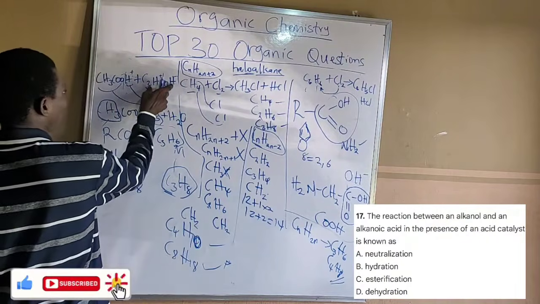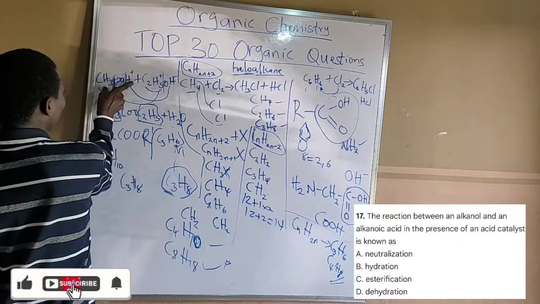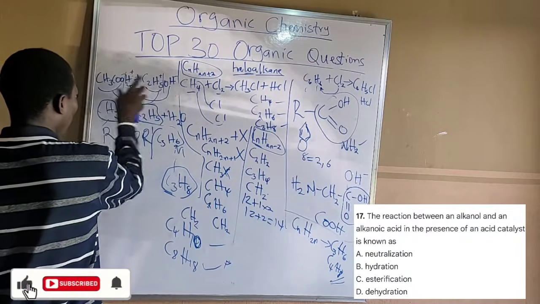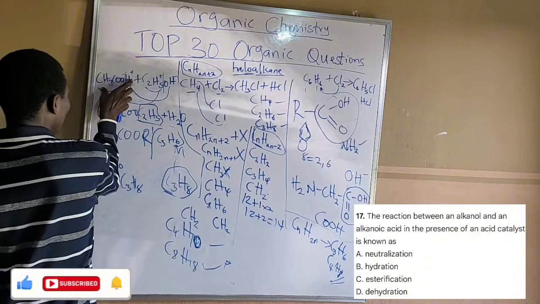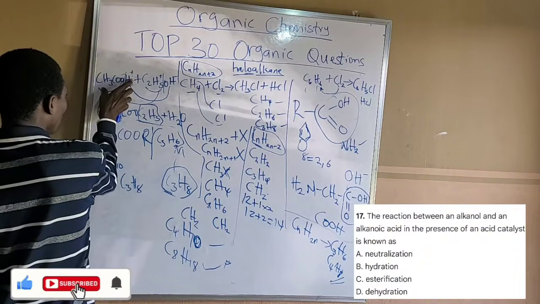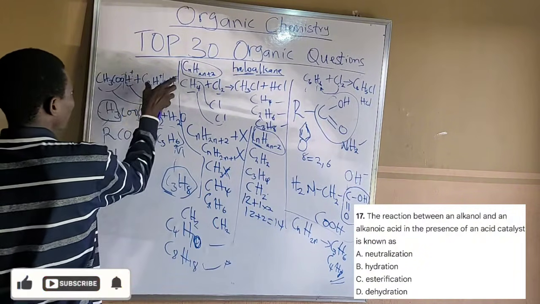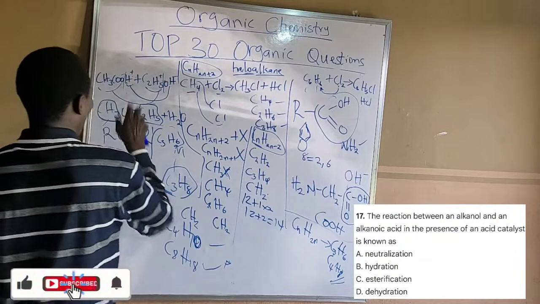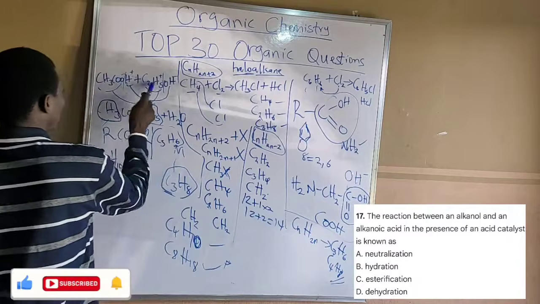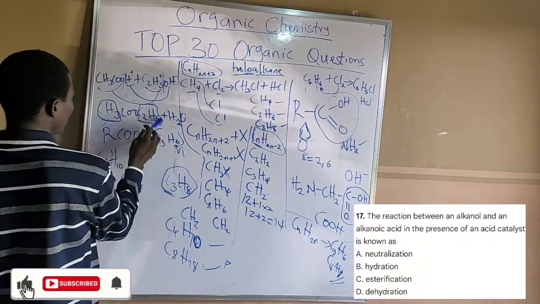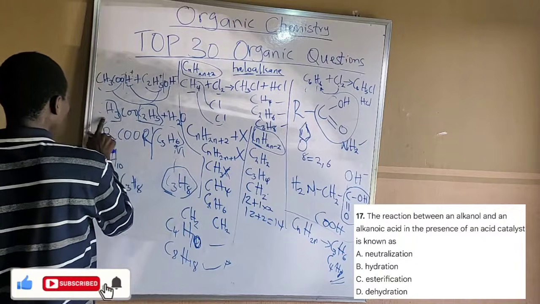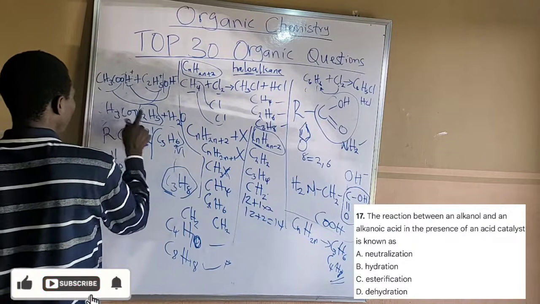Ethanol is an example of alkanol, while ethanoic acid is an example of alkanoic acid. Now when you react them together, it will form this. You remember earlier, CH3. Let me try to erase it so you can see it properly.